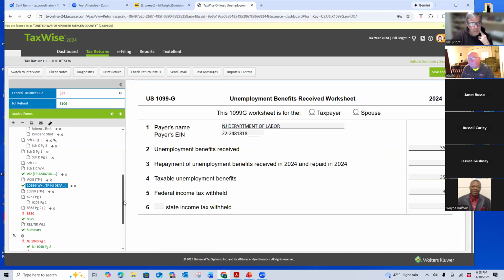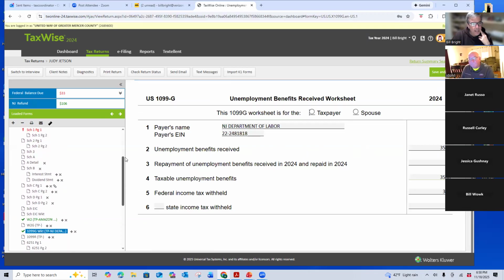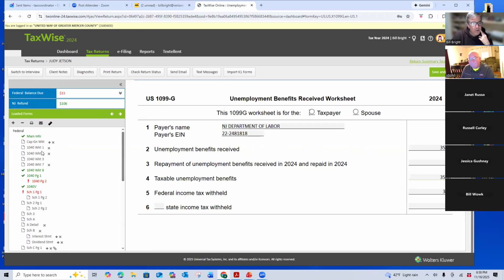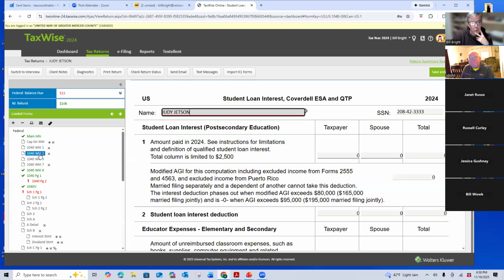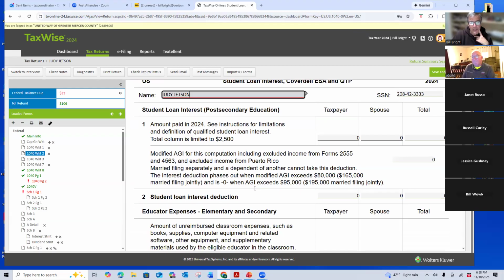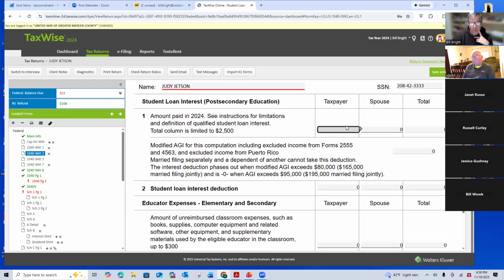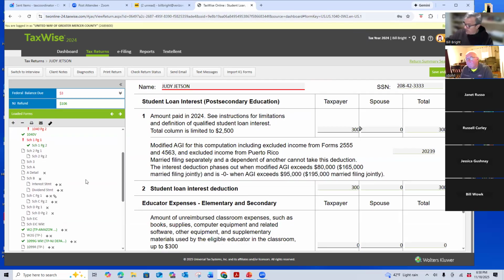Okay, it said she had some student loan interest. And we go up here to, I believe that's worksheet 2. Okay, student loan interest amount paid can't be more than 2,500. She paid 300. There we go. So now I'm trying to get through all of the numbers here. Okay, I've got the unemployment, I've got the rent, I've got the student loan.